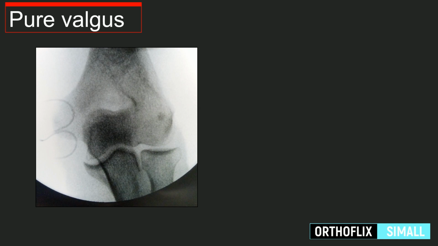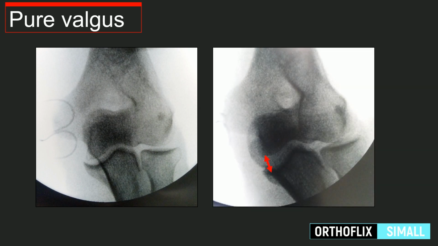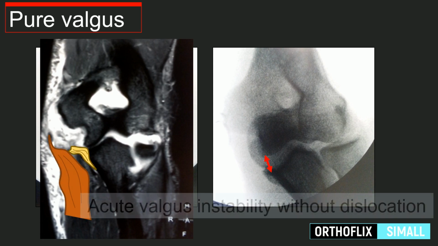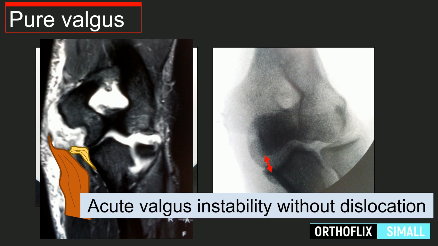This patient had this type of injury, a direct valgus trauma when he fell. So we can see the opening up of the medial side of the elbow, and in the MRI we can see an avulsed medial collateral ligament and flexor pronator mass, giving us an acute valgus instability without dislocation.